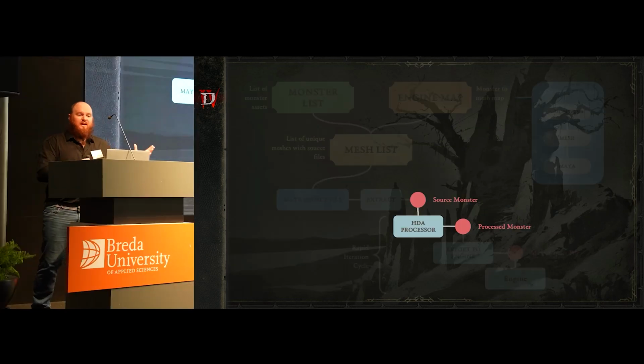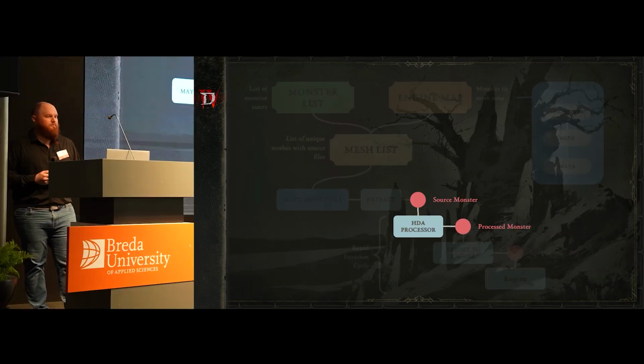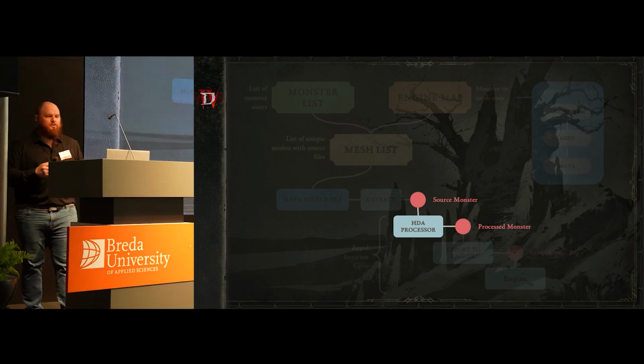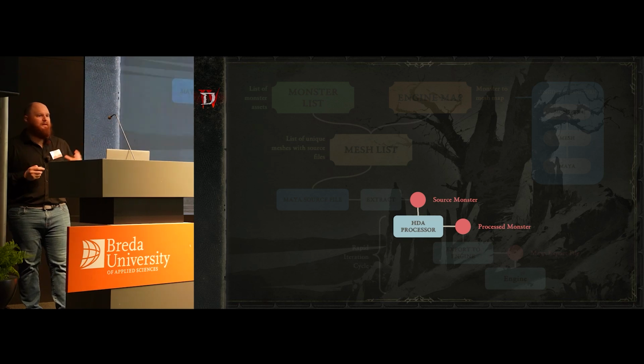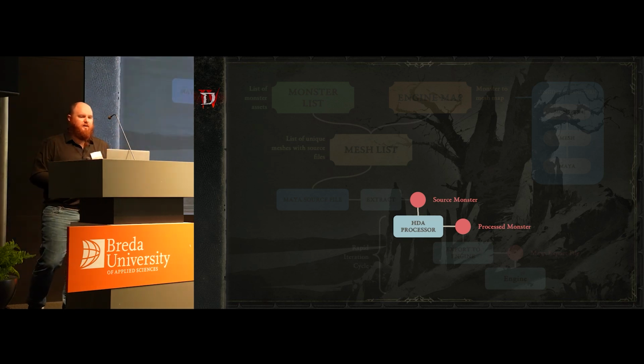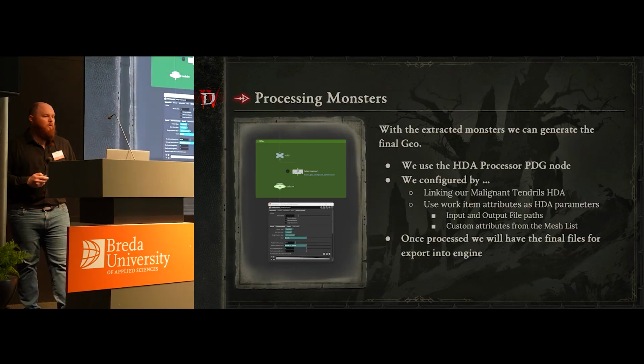Now we pass that extracted monster through the HDA. I talked earlier about systematic changes, and here's where they would be made. Also note that this will be the start of our rapid iteration cycle mentioned earlier. This step will give us the final mesh we need to get into the game. We use the HDA processor PDG node.